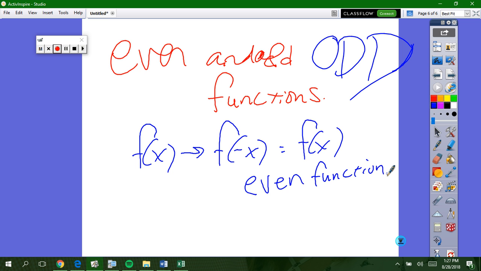Do you see how we replaced x with negative x and it came back to the exact same equation? That's what made it an even function. That's what makes it so: you replace an x with a negative x. Now, there's three different types: even, odd, or neither. There's an infinite amount of even, an infinite amount of odd, and an infinite amount of neither.